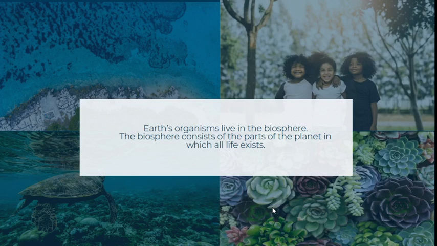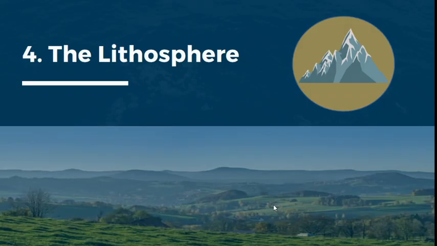Now, the biosphere consists of the parts of the planet in which all life exists. Lastly, we have the lithosphere, which contains all of the cold, hard, solid land of the planet's crust or the planet's surface. And again, all of these open systems are connected with each other.